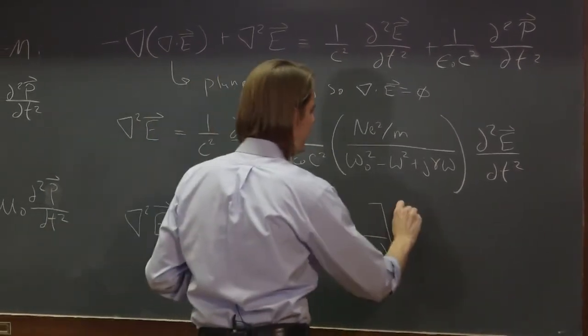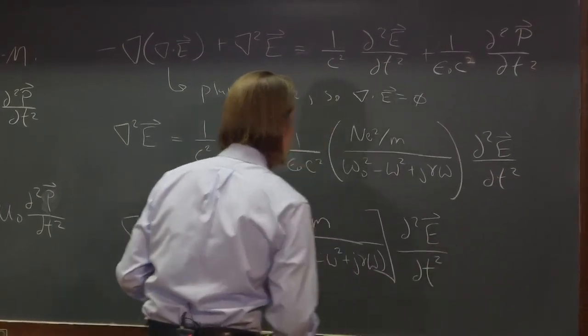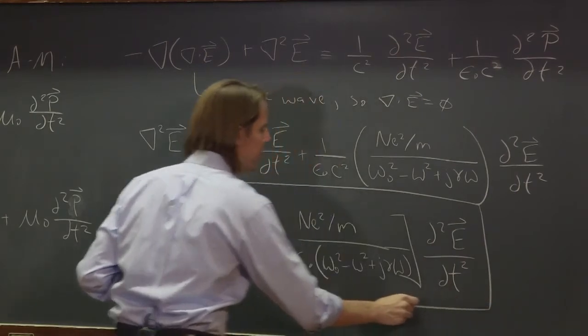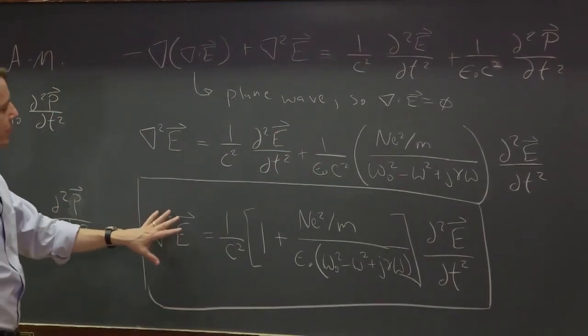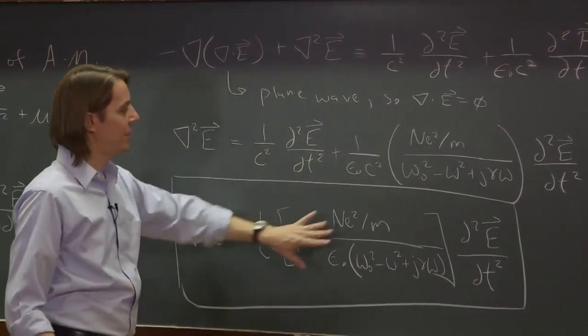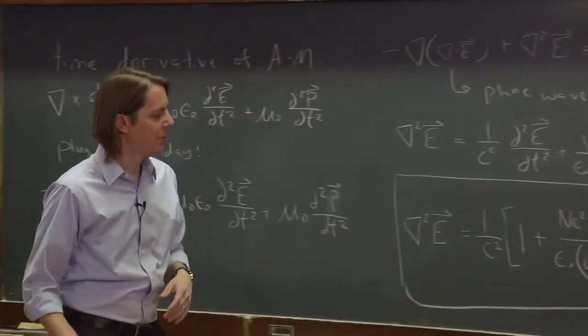And that times d²E/dt². And this we recognize, we're into the field theory game, as a wave equation. Two spatial derivatives of the E field, some expression, used to be a constant, now it's an expression, times two time derivatives of the E field.